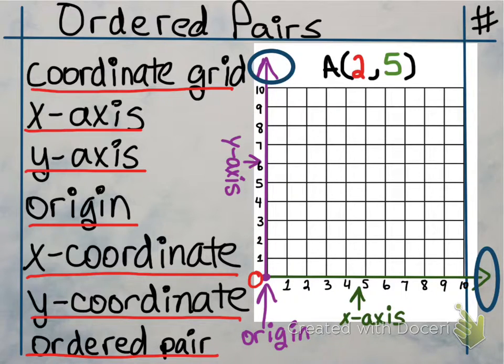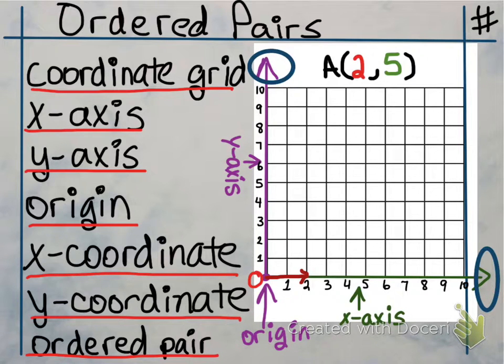Each of those numbers is in a particular order and helps us to find the point on the coordinate plane. The first number is always the x value, and to find it, we move along the x-axis until we get to that value. So we would start at the origin and we would go over to 2. The second number is the y value, and the y value tells us how far up or down the axis we want to go.